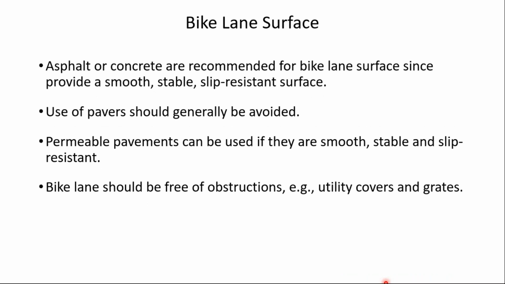The surface needs to be smooth, stable, slip resistant. I'd probably avoid the use of pavers. They're not generally considered a smooth surface. The bike lane should be free of obstructions if possible, things like grates and utility covers.